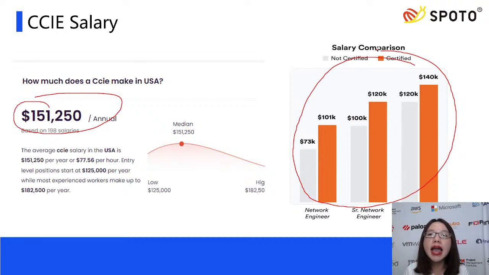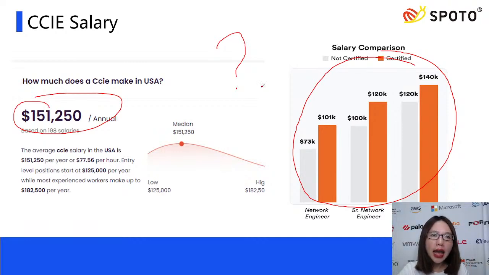People with CCIE certification earn almost 20% more than the non-certified, so you can get the idea of why CCIE is so popular. But the problem is how to get the CCIE right. It is a difficult exam to take by yourself, so don't worry, I will help you prepare for the lab exam well.